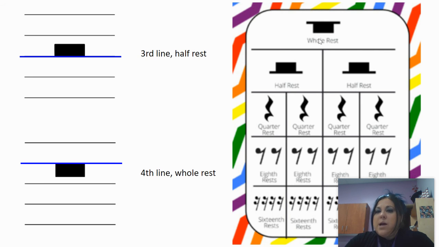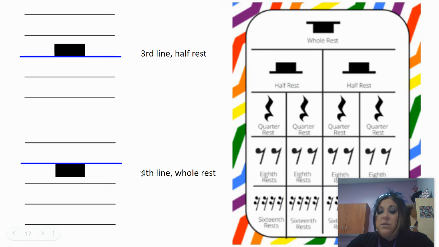Now, I mentioned we were going to come back to the whole rest and the half rest. Here's how you tell the difference when it's on the lines and spaces. It's a little hard to tell. The half rest, remember I said it looks like a hat. It is on the 3rd line. So you can see if we count 1, 2, 3, there's our hat. It's a half rest and it gets 2 beats.